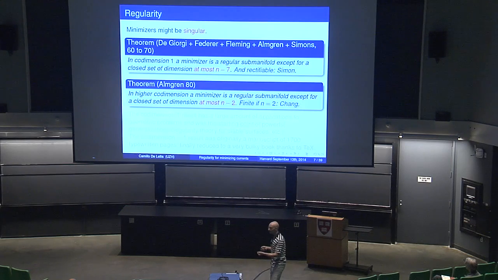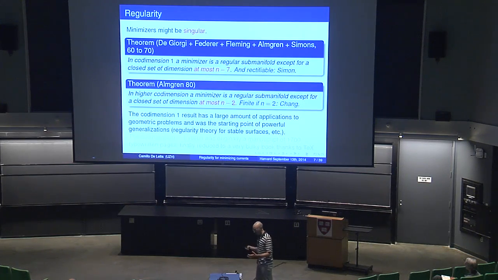In higher codimension, the situation is rather different. The singular set might have codimension 2 in the current. This result is credited only to Almgren because essentially it was really proved only by him, and a proof appeared at the beginning of the 80s. Now, the codimension 1 result has a huge amount of applications in geometric problems.